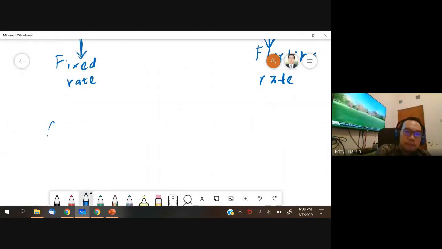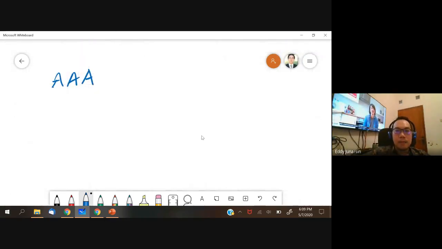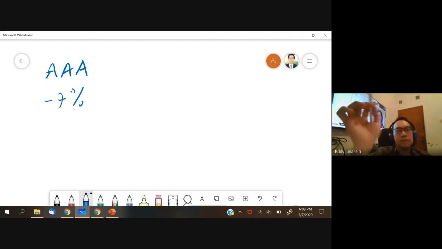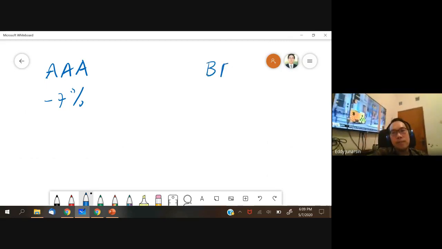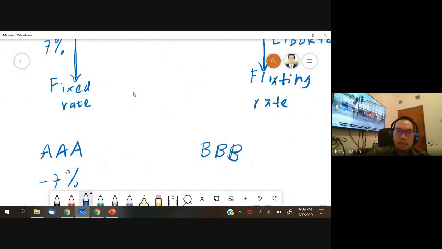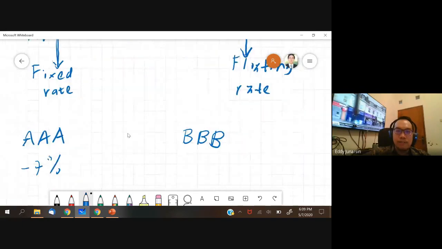So for the AAA firm, okay, AAA firm will issue the fixed rate debt and will pay 7%, right? And the fixed rate debt is immediately transferred to the triple B firm. So triple B firm will pay, how much is that again? 7.35.